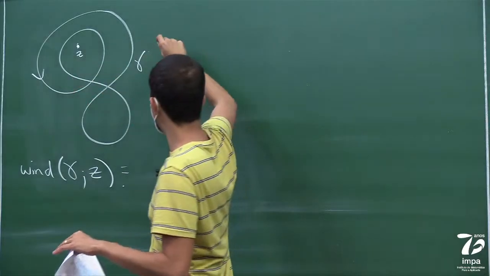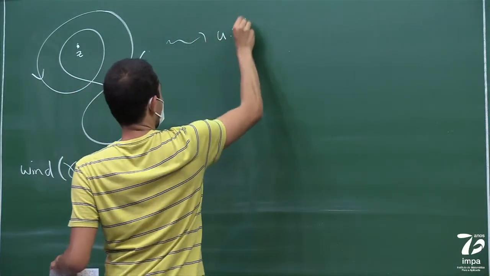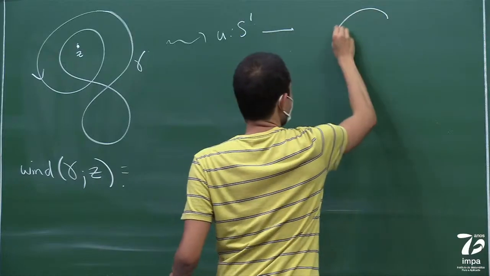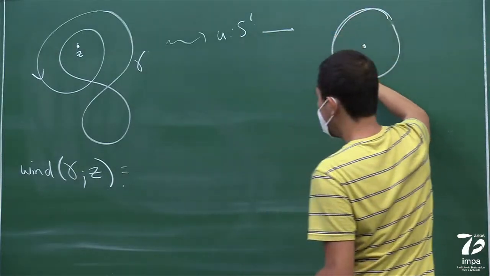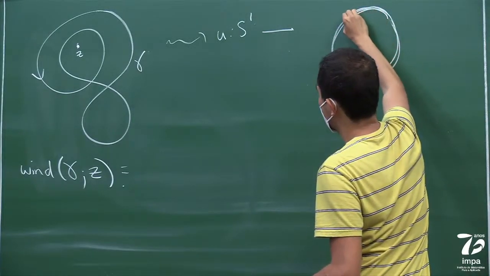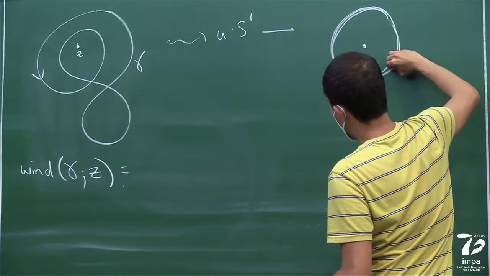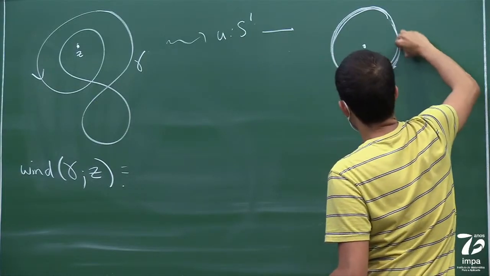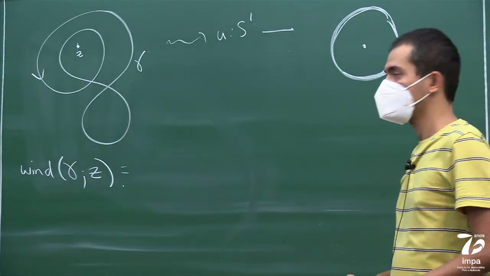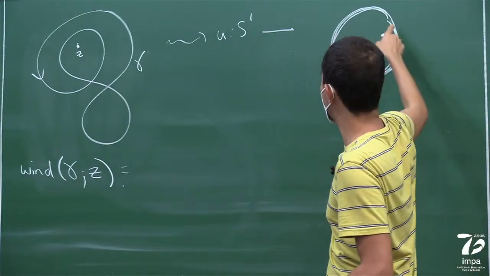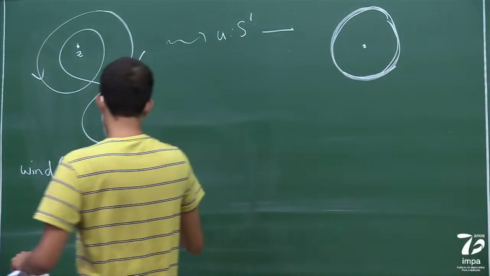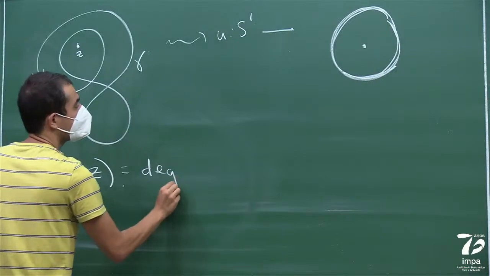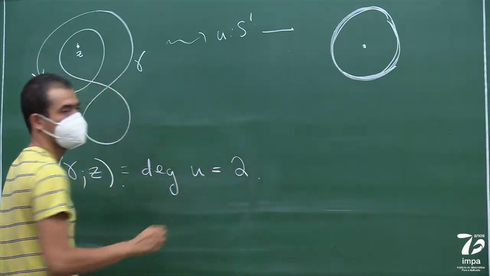So then your u is going to be a map from S1 to S1 that goes like this, and then goes like this again, and then it goes back a little bit, and then it closes up. Okay? So this is going to be a map from S1 to S1 that's going to take 2 turns around S1. So in this case, the winding number, which is the degree of this u, is 2.